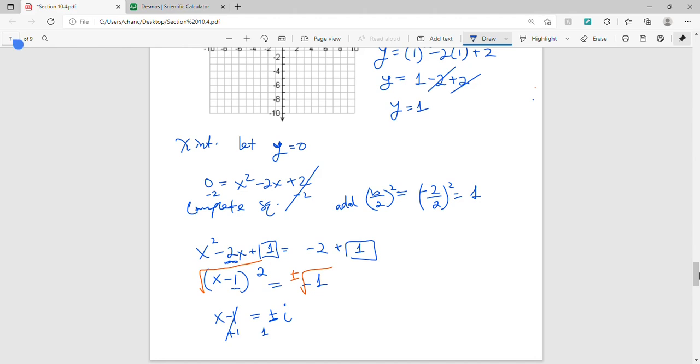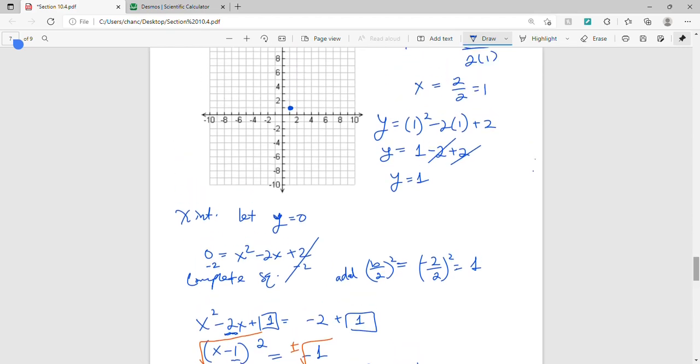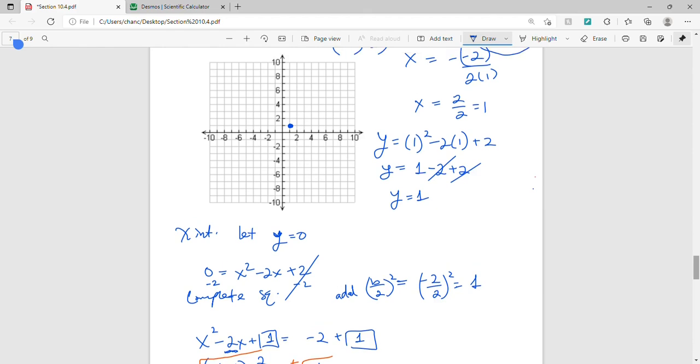You get x equals 1 plus or minus i. This is an imaginary result. You can't graph an imaginary number onto the Cartesian plane. So that means there is no x-intercept. There is no x-intercept.